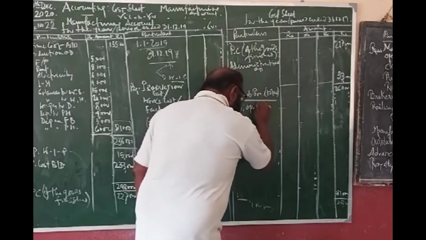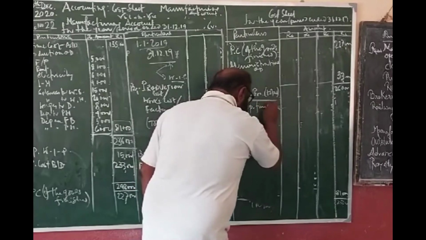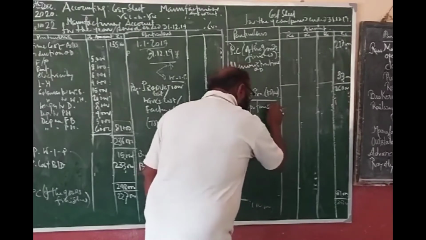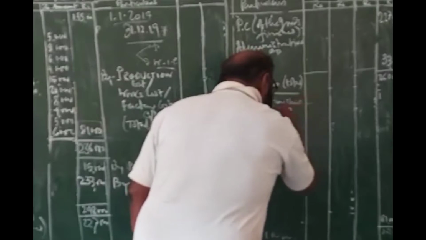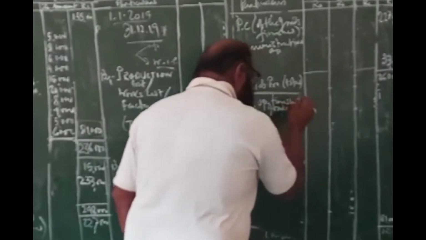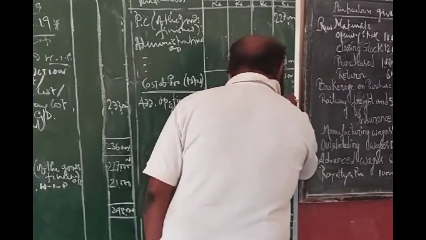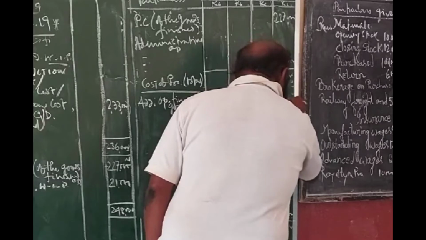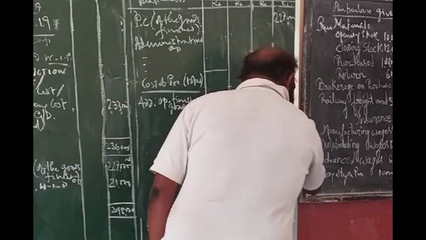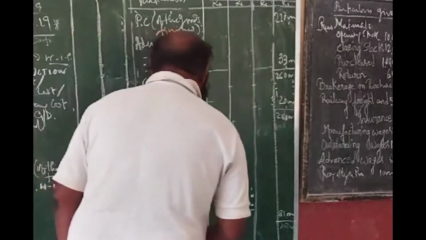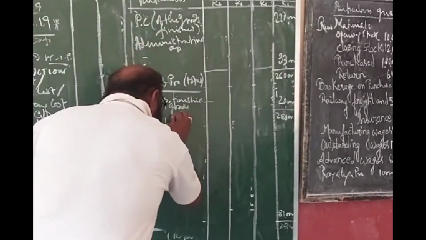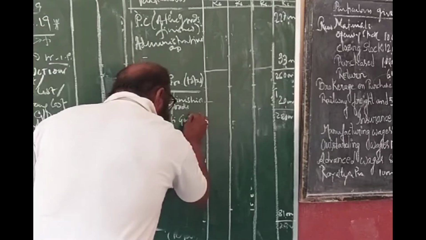So we should add opening finished goods. Say it is 20,000. So it is 2,80,000, and in the same fashion we must have closing finished goods.